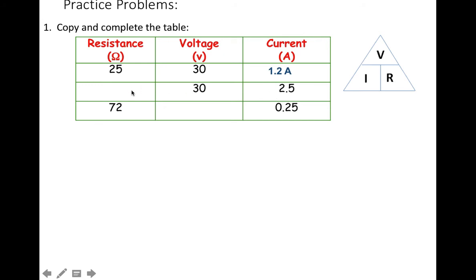The resistance, similarly, if we were going to solve for resistance, if we cover up that R, we need to do V over I. So we would do 30 divided by 2.5, and you should have gotten 12 ohms. Lastly, in this situation, we need to solve for voltage. So voltage is I times R, and if you multiply 0.25 times 72, you should get 18 volts.